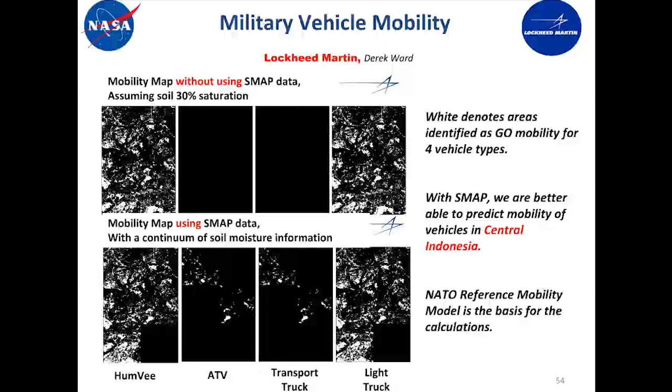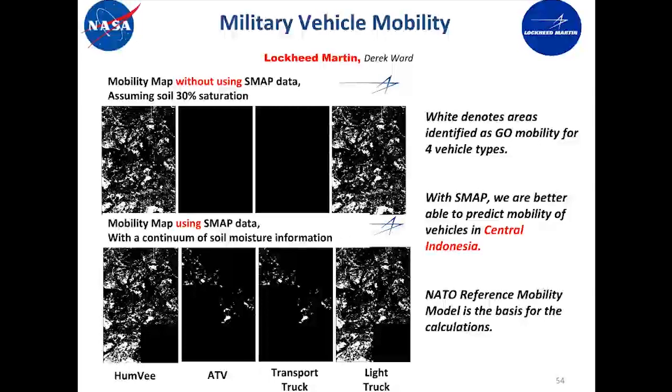The center boxes have white speckles in them. What you see in terms of nomenclature at the bottom are the vehicle types. And what it's showing, in military terms, is a go, no-go opportunity: where can military vehicles drive given the weight of the vehicle, the strength of the soil, and the moisture content, the saturation of the soil?